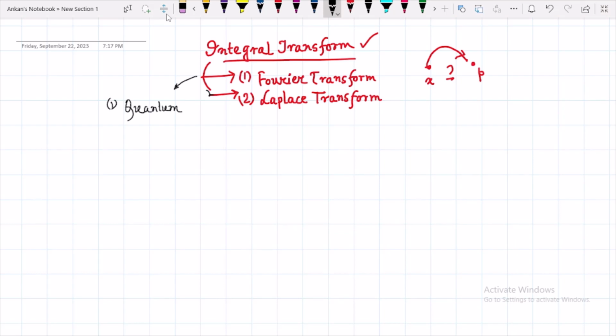There is a huge application in quantum mechanics, which you will study in the upcoming semester. It is highly applicable in solid state physics or condensed matter physics. Why? Because you already know the fact that, okay, let me write first, condensed matter physics.